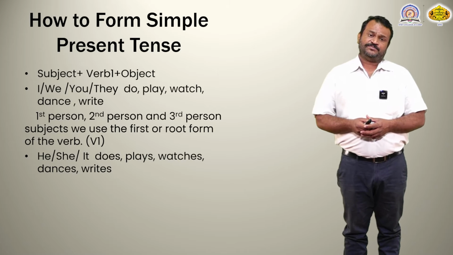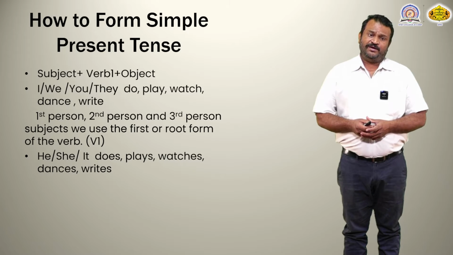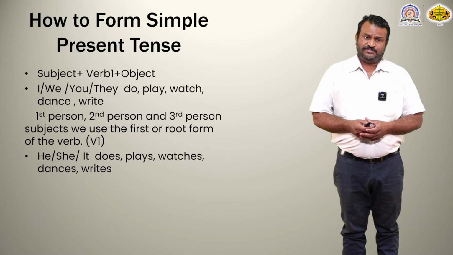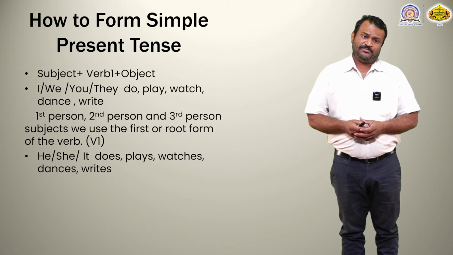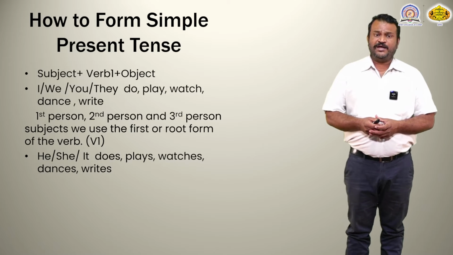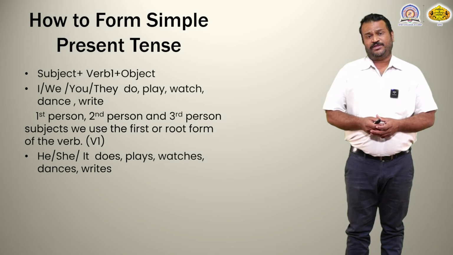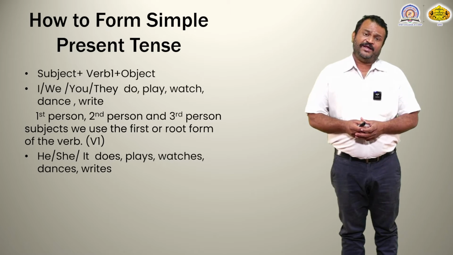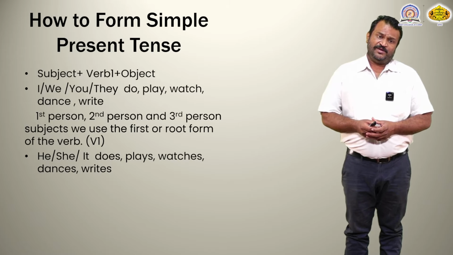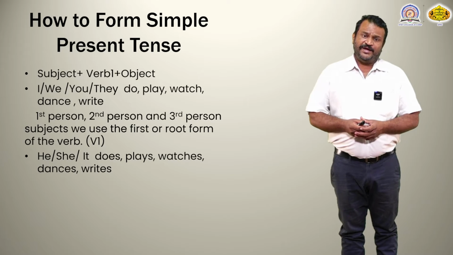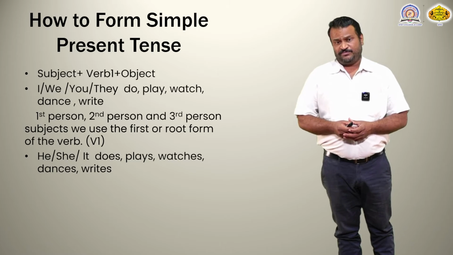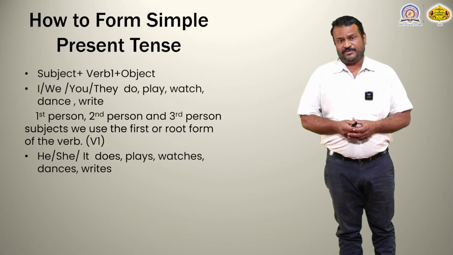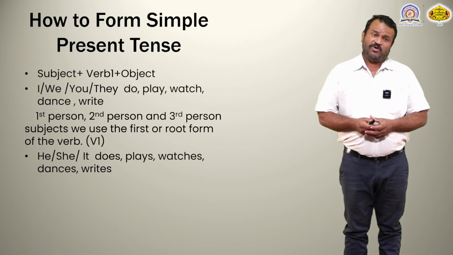Now we use the first form of verb for I, we, you, they. I speak English. I play cricket. They play football. They walk in the morning.